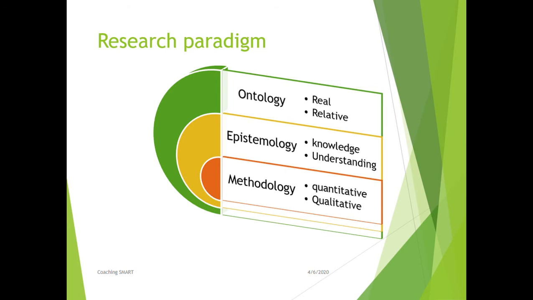So your flow must start from ontology, which is either relative or real, objective or subjective. Epistemology, we look at the nature of knowledge, how you got the knowledge. Then finally, methodology, so which method are you applying? Is it quantitative or qualitative?